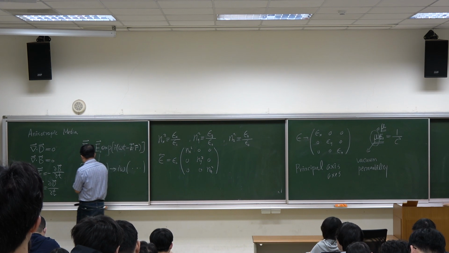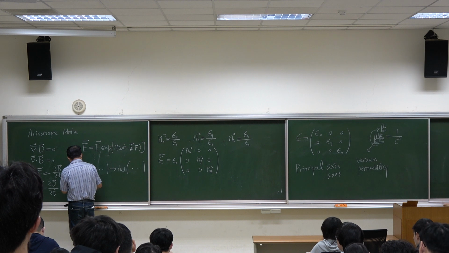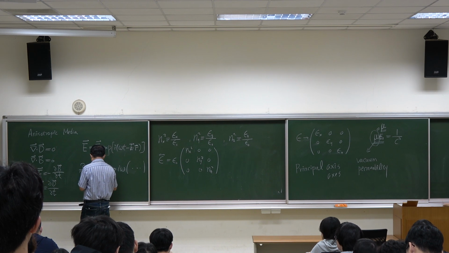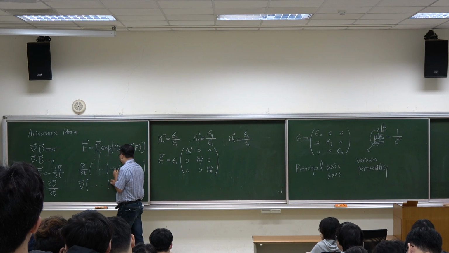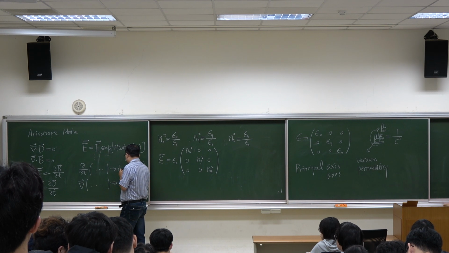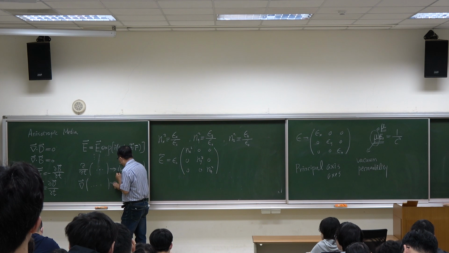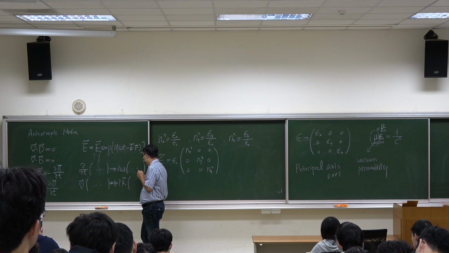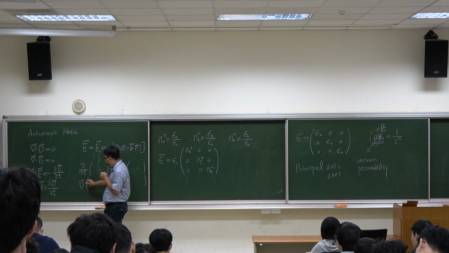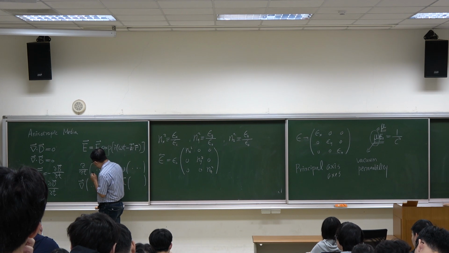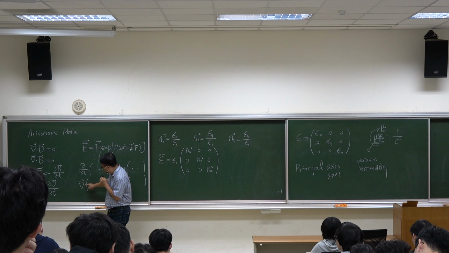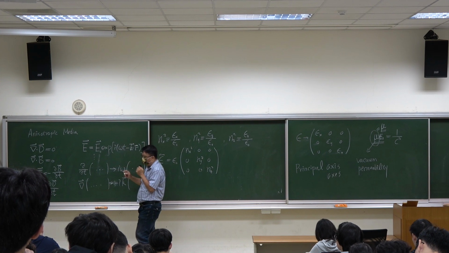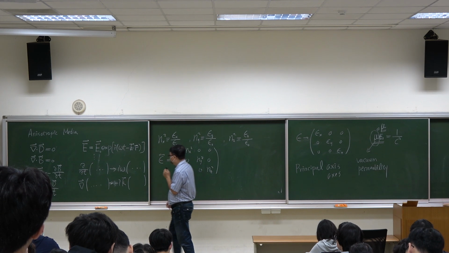And then when you encounter something like this, then this becomes minus ik. And if this is a vector field, here is a dot or cross, then here is a dot or cross. Okay.